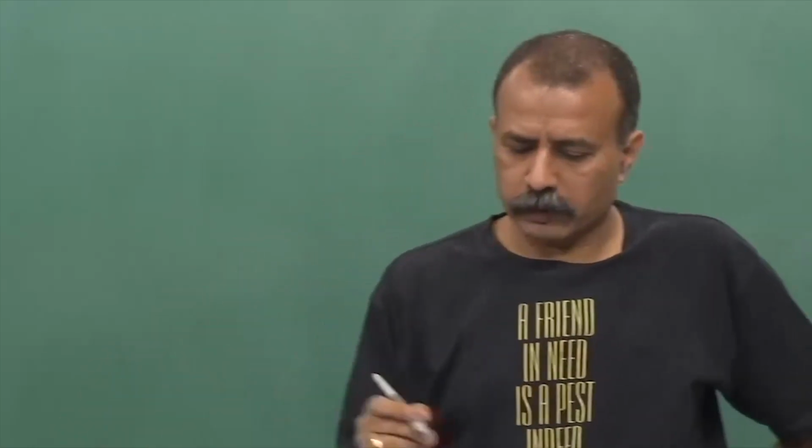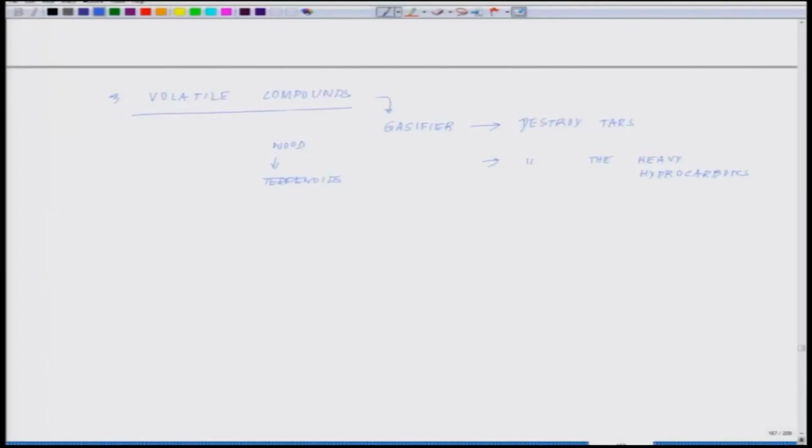Okay. So now from the volatile compounds, we will move on to the particle size, which is the last parameter which has to be taken into account. Particle size.